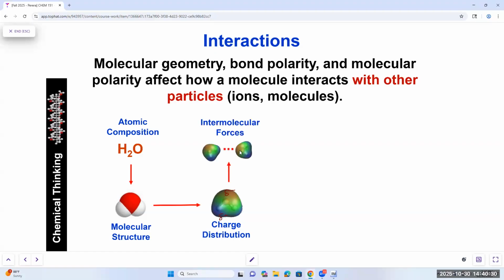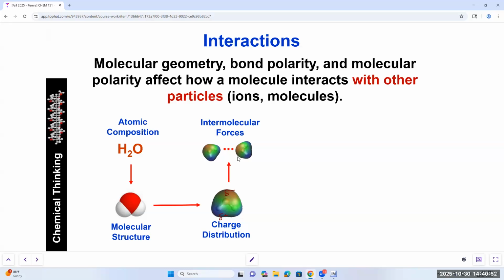And if we have partial charges like that, they can interact with each other. They are attracted to each other. And these attractions are known as intermolecular forces. Okay? And that is what is being discussed in Unit 3, Module 1. Entirely, it's about intermolecular forces.